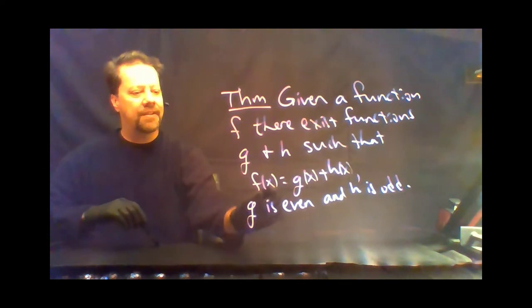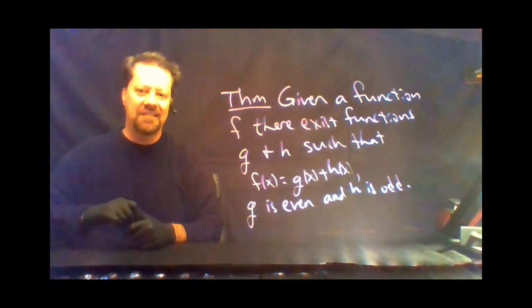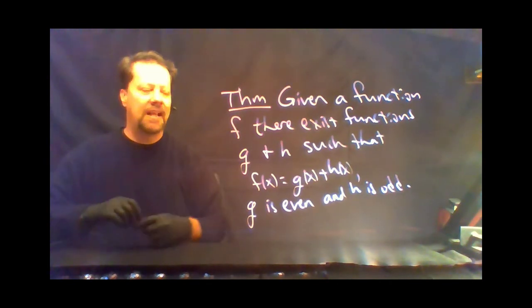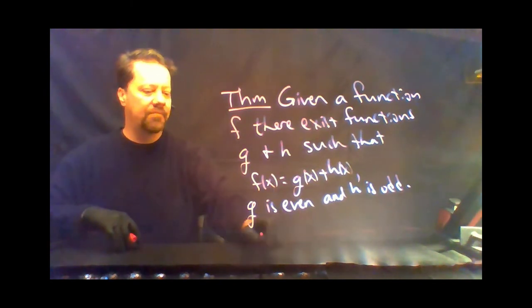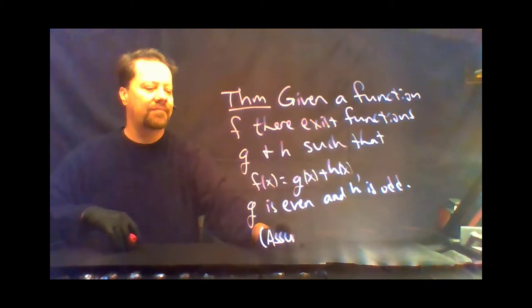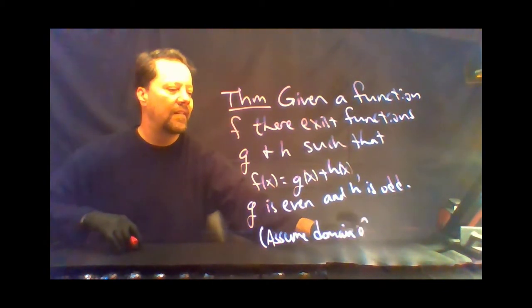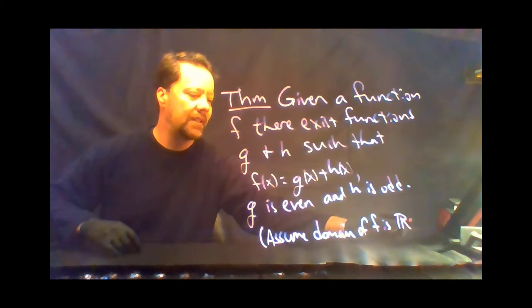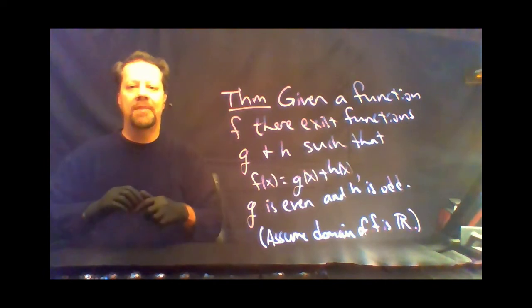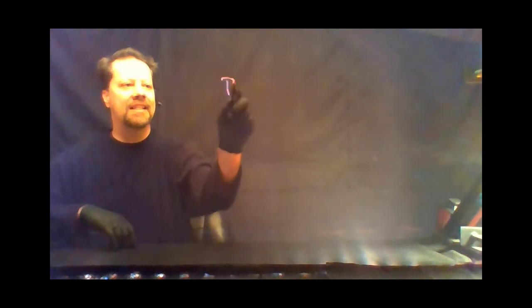So every function can be decomposed into a part that is even and another part that is odd. At least these functions that are defined on, I'm assuming here, that the domain of f is, let's say, the entire real line, or at least some interval that is symmetric about the origin. We can prove this easily enough.